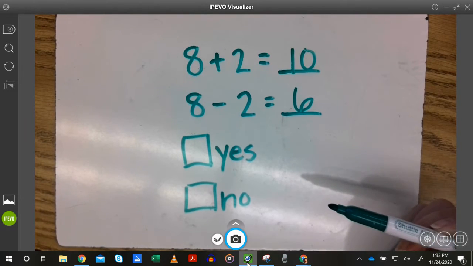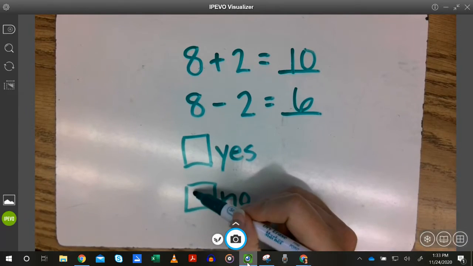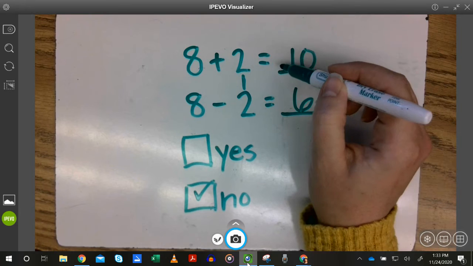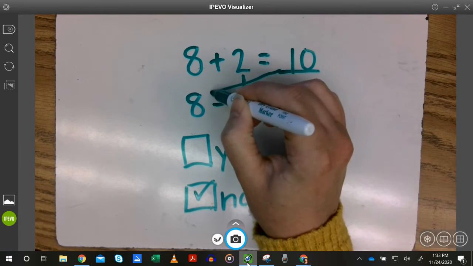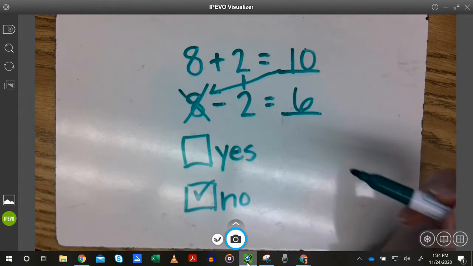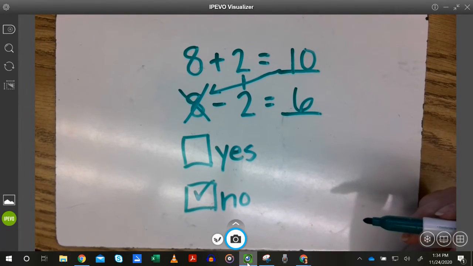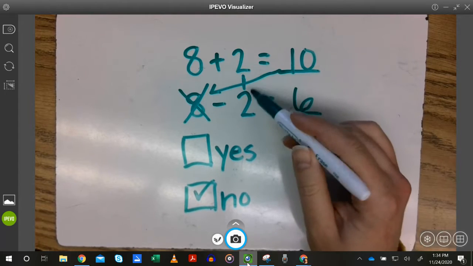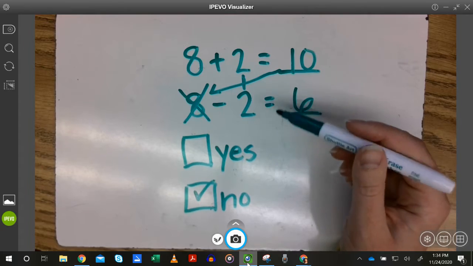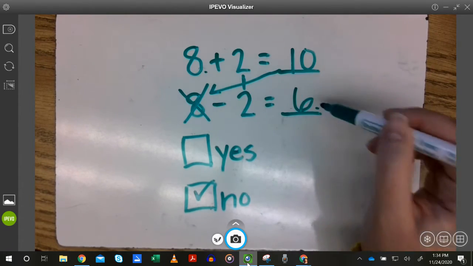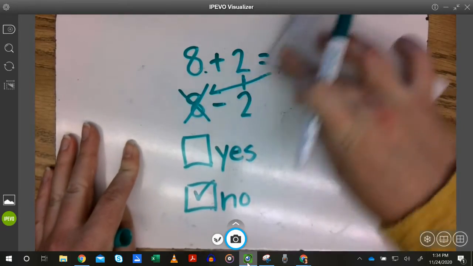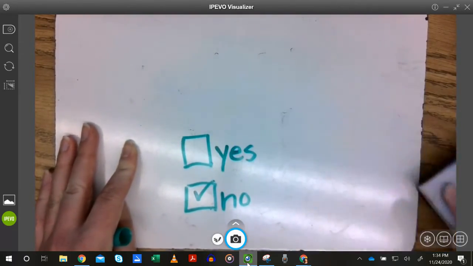So looking here, are these related? Yes or no? No. They have one of the parts that's the same, but here the whole is 10. Does that match? Nope. It does not match the whole. So while one of the parts matches, the whole does not. So we know that these are not related. And then, of course, 8 and 6 don't go together either. Now, let me go back to what it was to begin with.